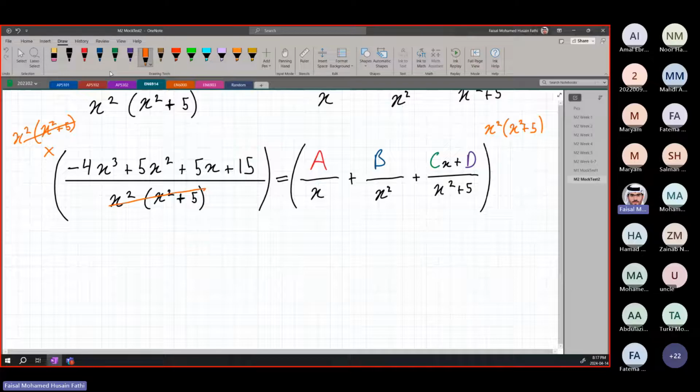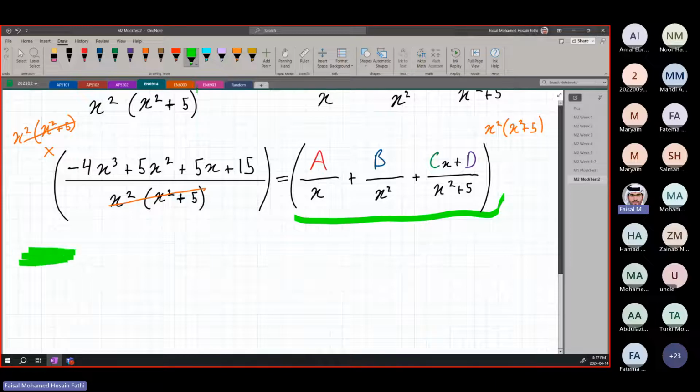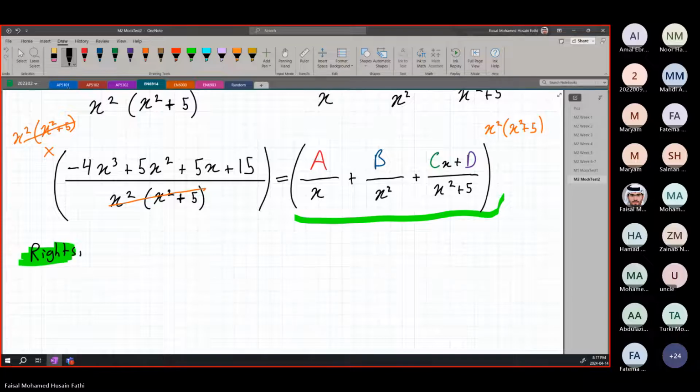Okay, so now we're just going to look at our right part, the right side of the equation. The right side is going to look like this.